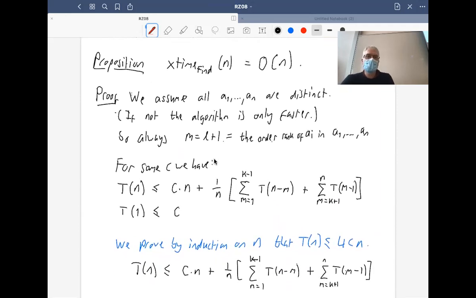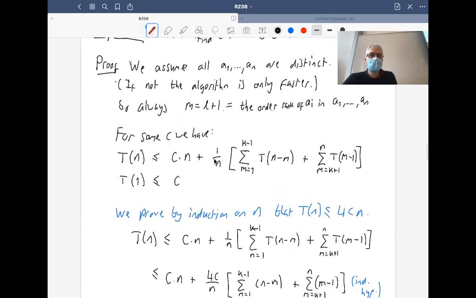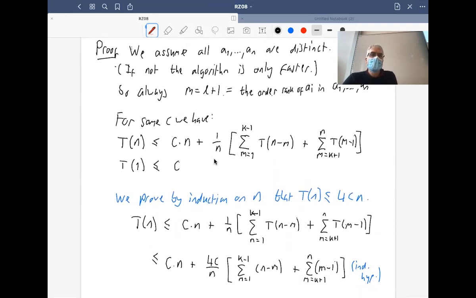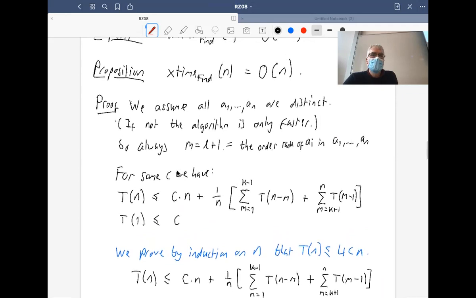So we want to see what the expected runtime is. For the expected runtime, the idea is we're going to have some constant C, which we can use to absorb all the computation we do in the non-recursive part of the algorithm.